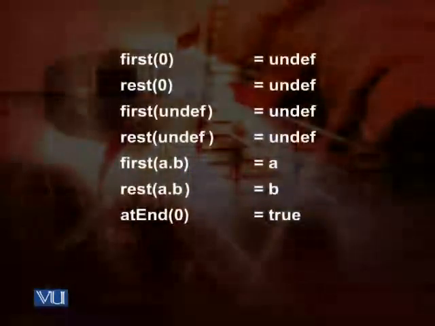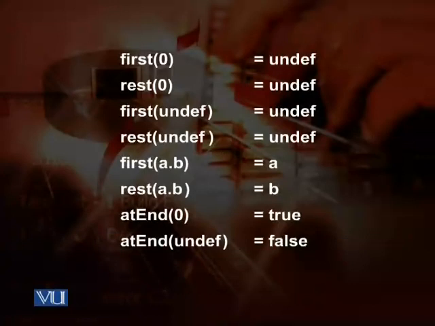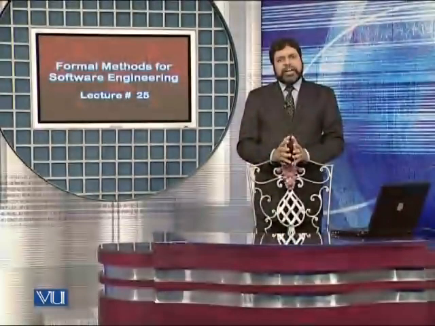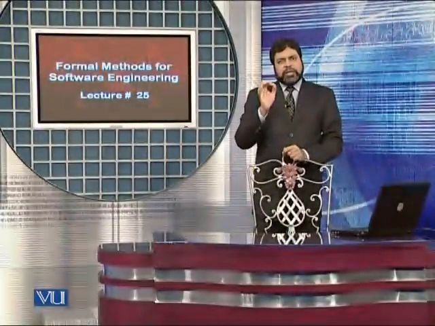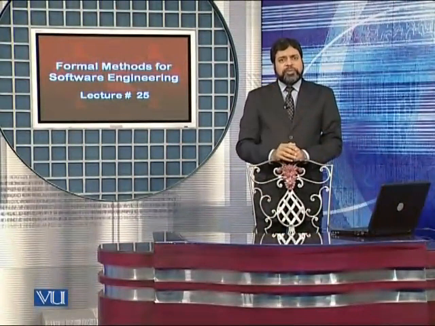Then we have at end 0 is equal to true, at end undef is equal to false, at end a dot b is equal to false. This at end, once again, in this specification, has a slight but very important difference from the previous one.